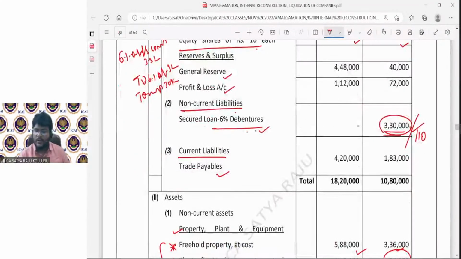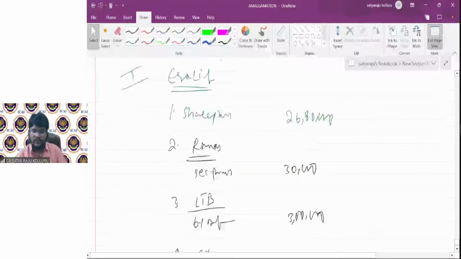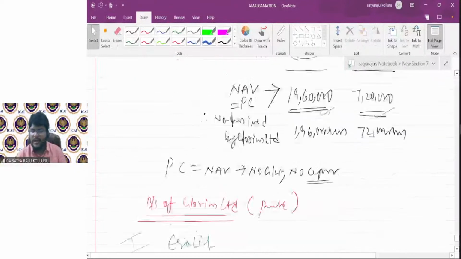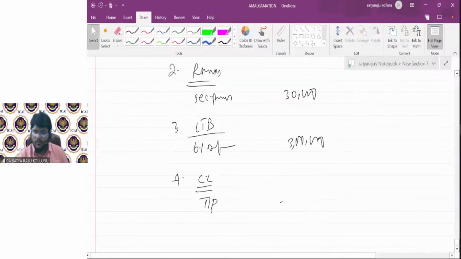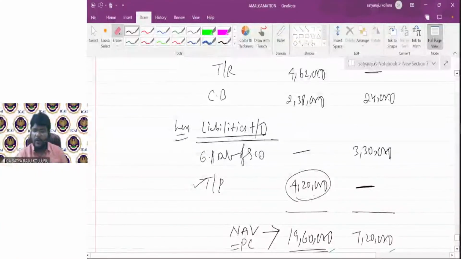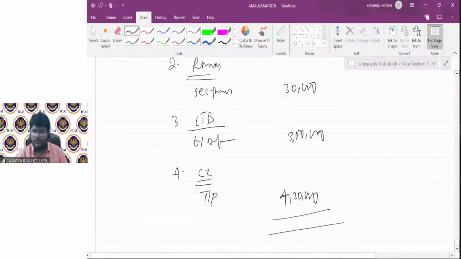Trade payable is given at 4,20,000. Always see the NAV values, you will have good idea and clarity as well. You can cross check any other liabilities taken over apart from debentures as well as trade payables. Nothing was taken over. So with this, the total of liabilities is over.